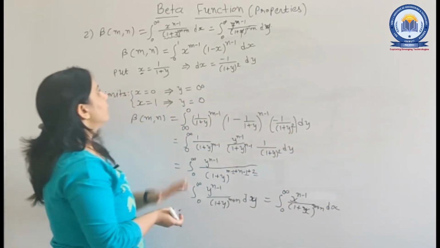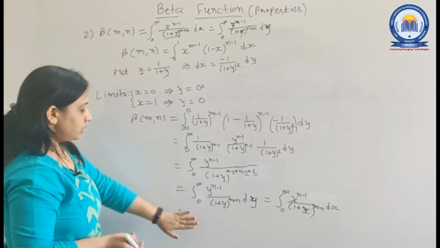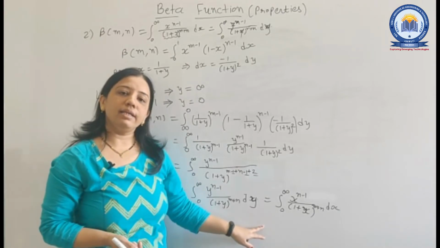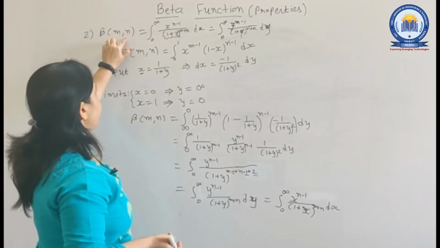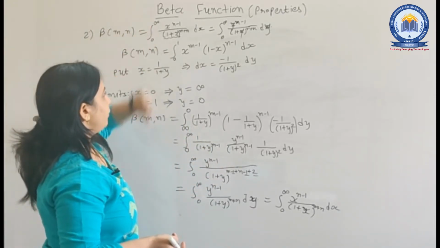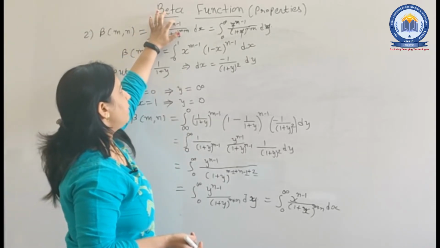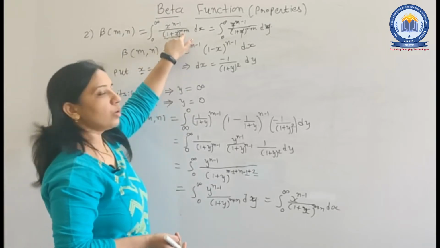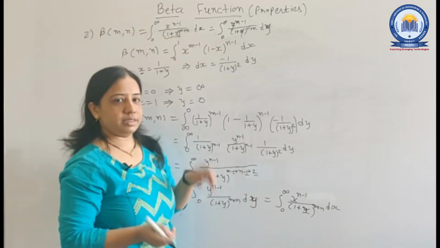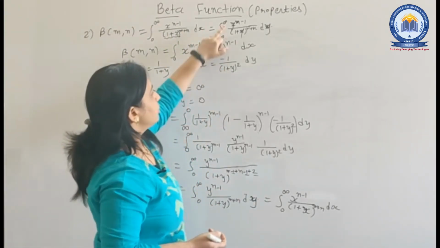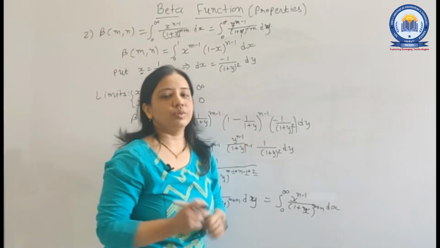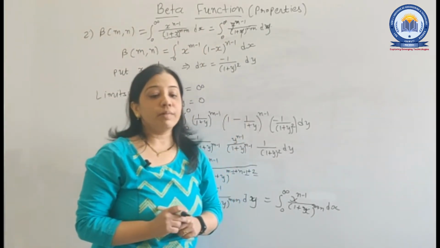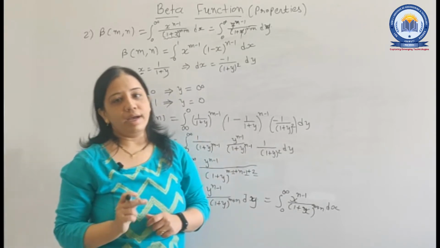So that is your first one. So this is about the second property. Beta mn equal to the integral from 0 to infinity of x raised to n minus 1 upon 1 plus x raised to m plus n dx. Now instead of x we can also write n. So that is about the second property of beta function.